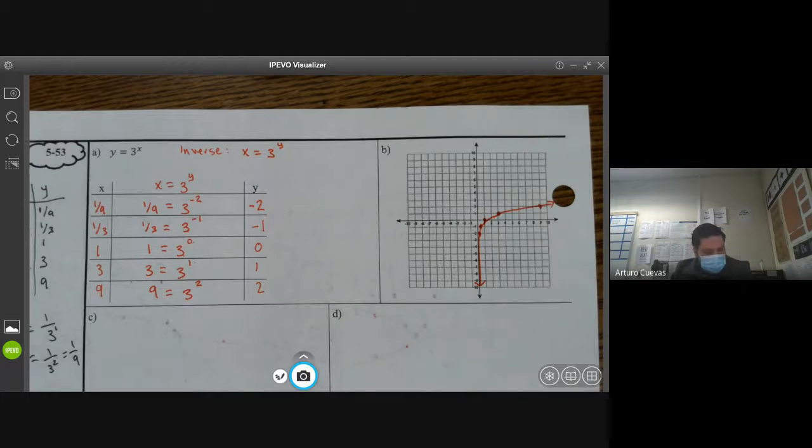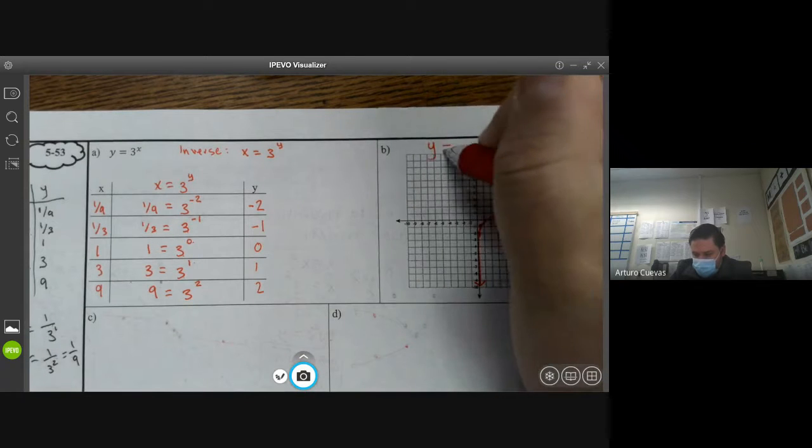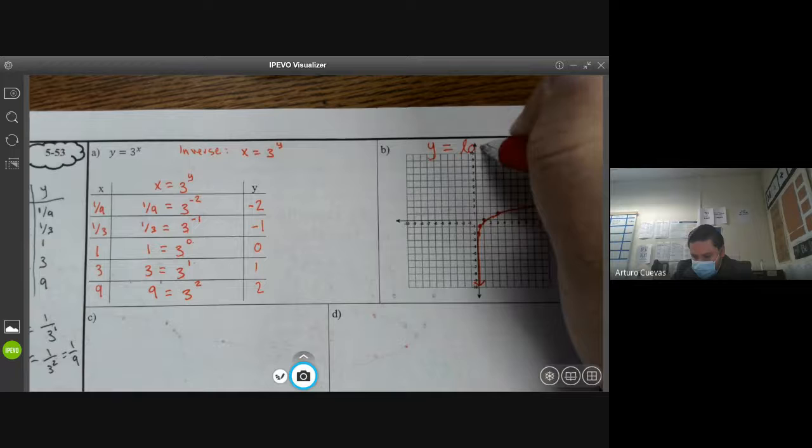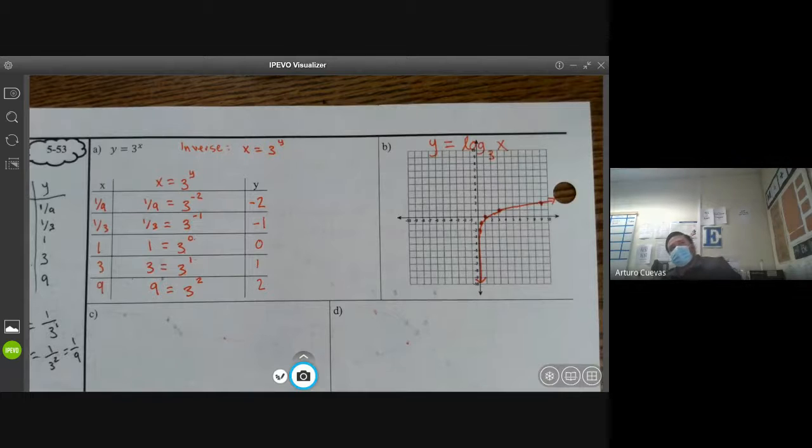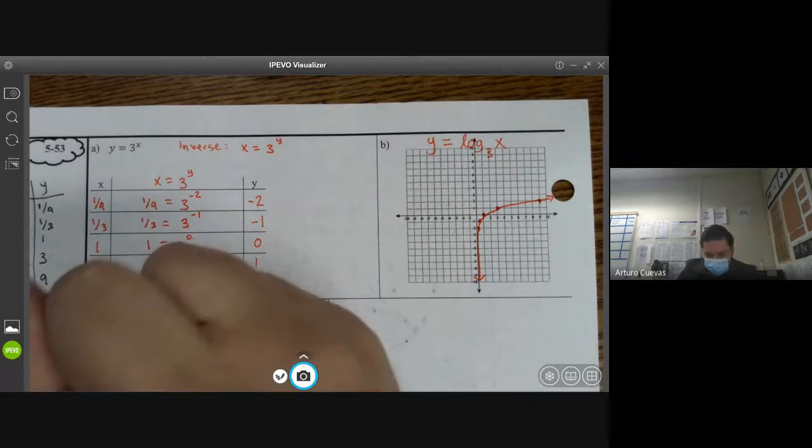Okay. All right. I'm going to write down right here. This is the equation for this graph. Y equals log base 3 of x. Okay. And we're going to talk more about that next. But first, let's ask you these questions.